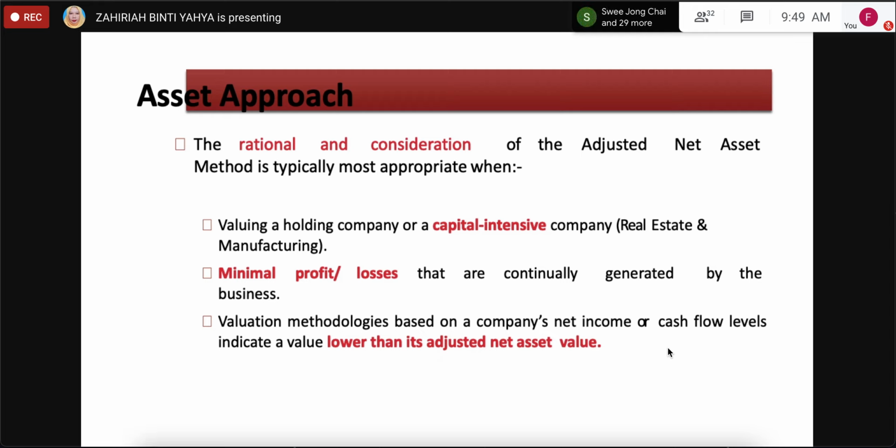Sebab itulah saya kata pemilihan the approach tu bergantung pada jenis business. So we as the business valuer, we have to justify which approach that we are going to take as the fair market value.